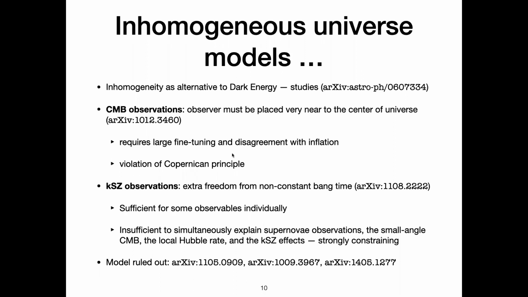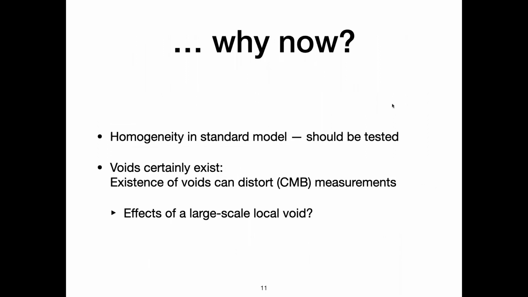And so overall, using the CMB observations and the KSZ observations, the model was ruled out in these papers. So ruled out as a replacement for dark energy. So we came to the conclusion that we cannot replace dark energy completely by another constituent called the curvature of the universe. So why do we study it now?